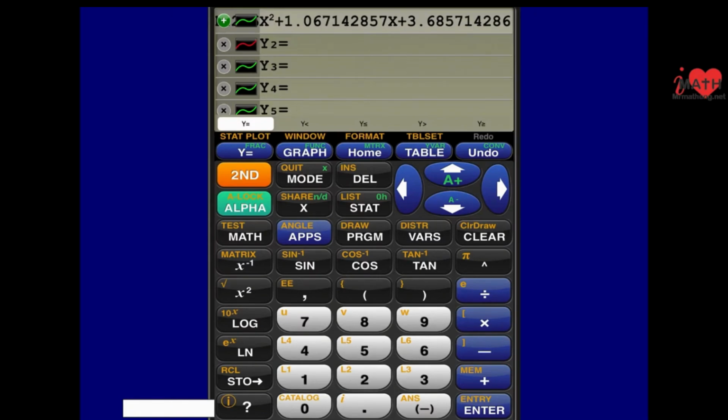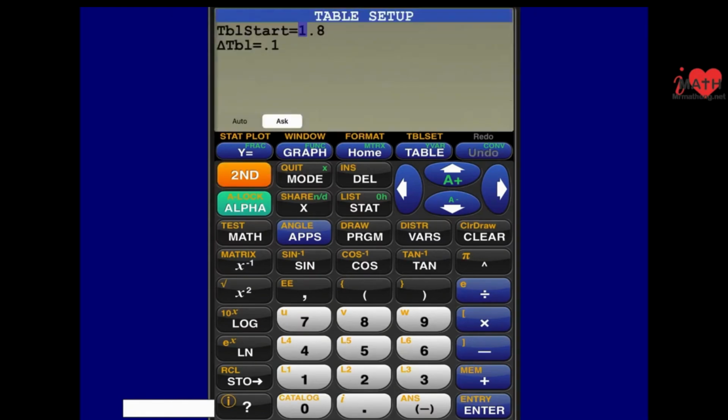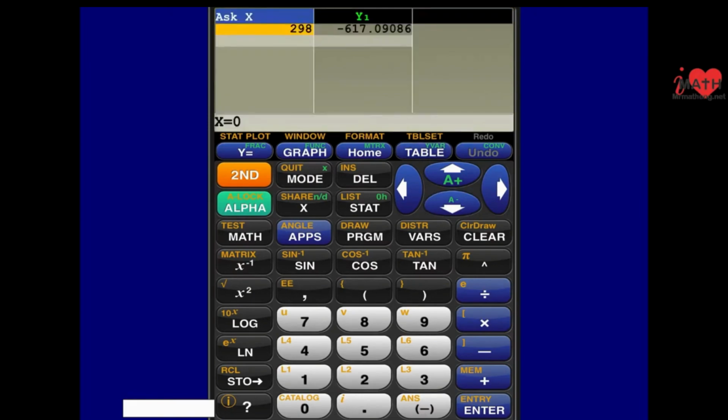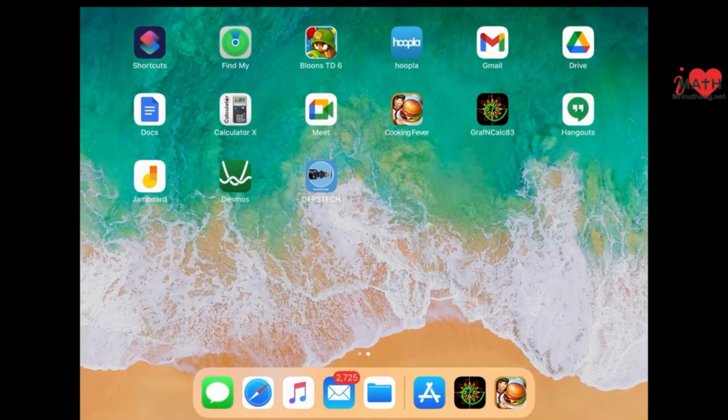Table's above the up arrow, second table set. And you want to make sure it's on ask. It doesn't matter where the table start is, or even what the change of the table is. So just press table. And then we wanted 70 miles per hour. So press 70 and I get this number, 26.59.